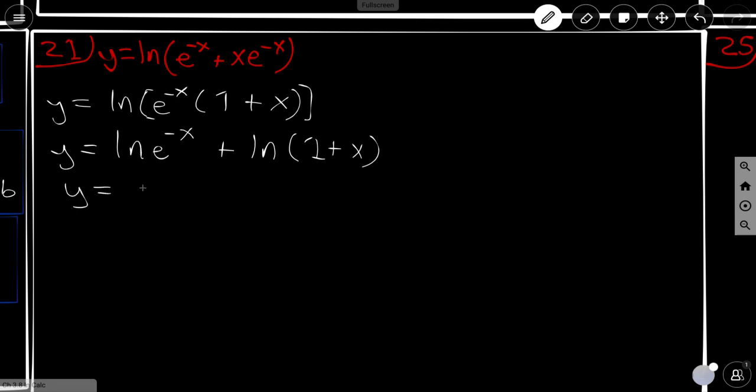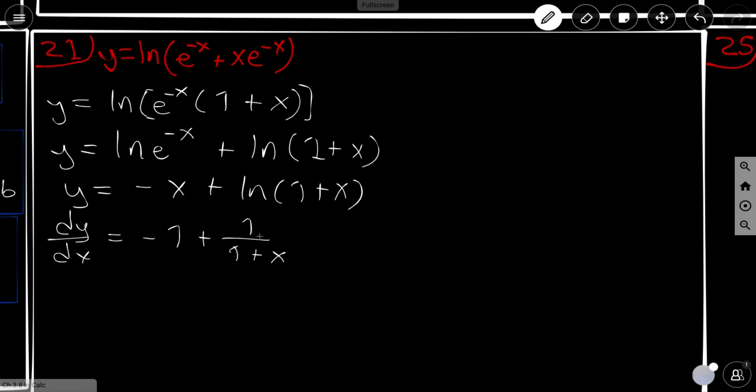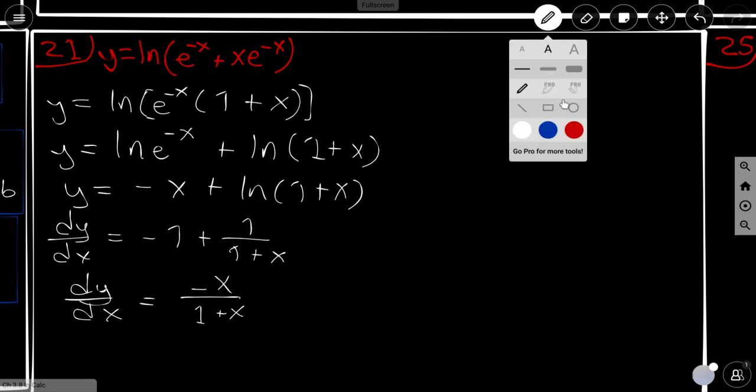Ln e, they undo each other, so just negative x plus. Here you can go ahead and differentiate. Then can make this a single fraction. And that's our answer.